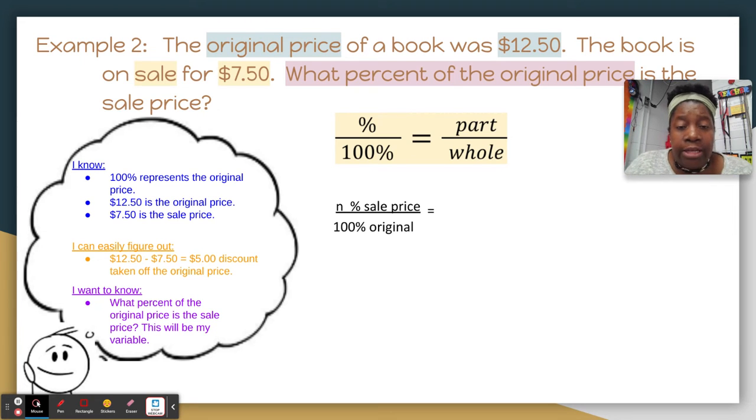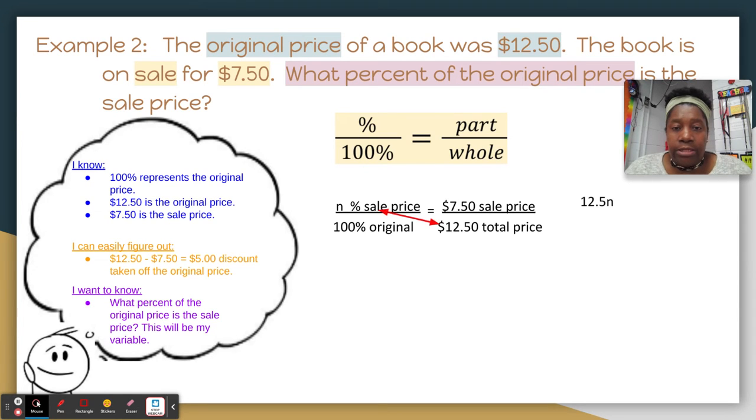I know 100% represents the original price, and I know that $7.50 is the sale price because the problem told me so. And I know $12.50 is my total or my original price, and the problem told me that as well.